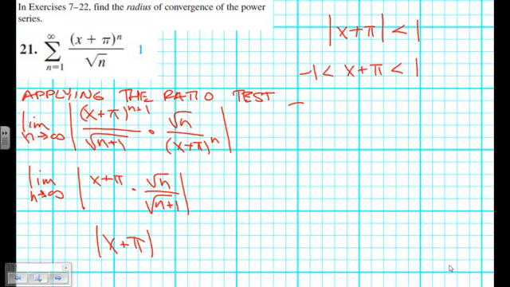So you've got negative 1 minus pi, or negative pi minus 1.